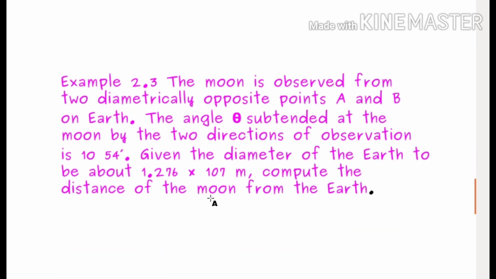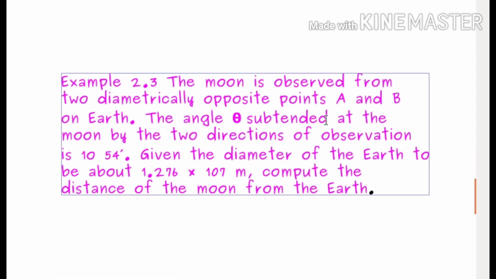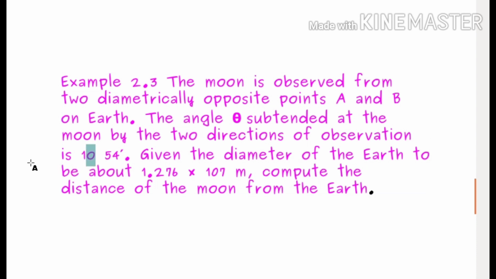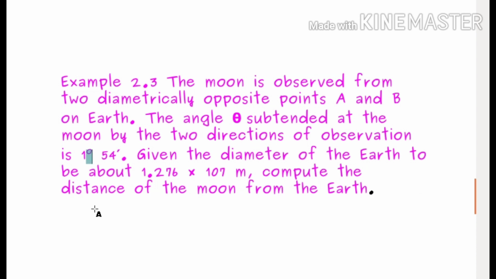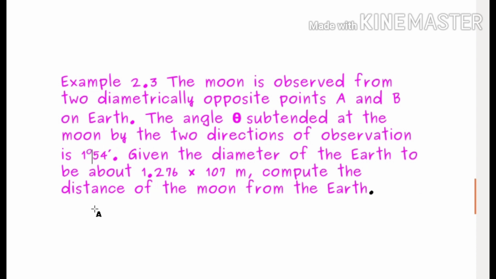Now the angle theta subtended at the moon by the two directions of observation is written as 1 degree and 54 minutes. Look at this angle. This is a very small angle.